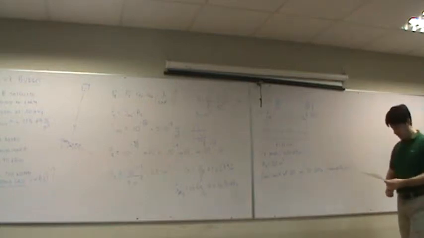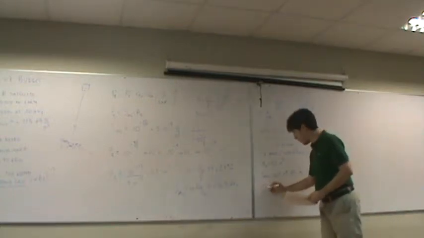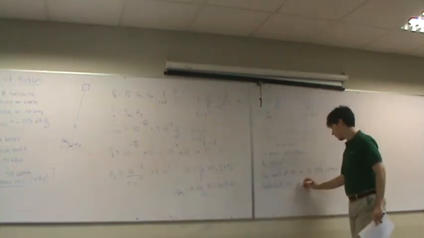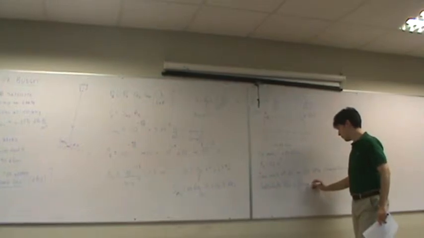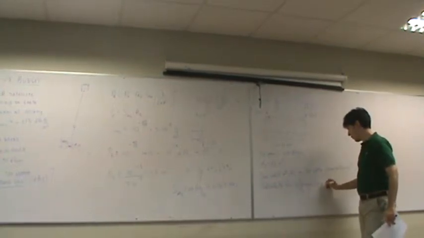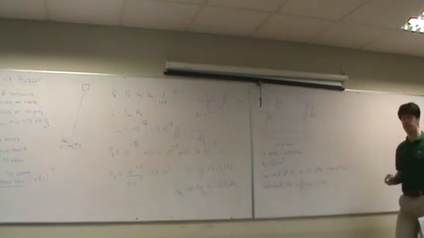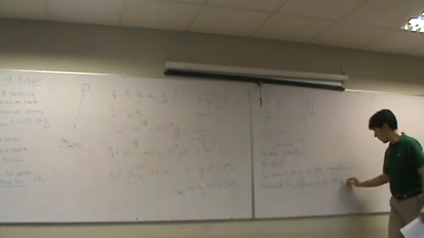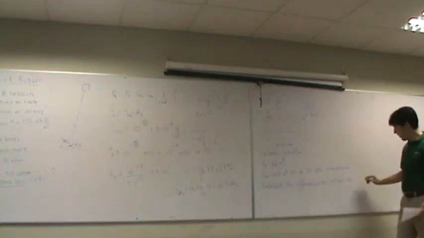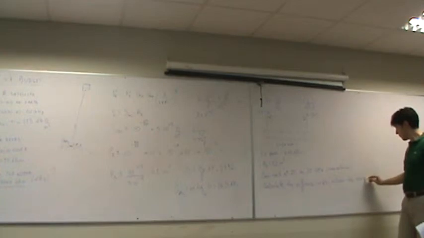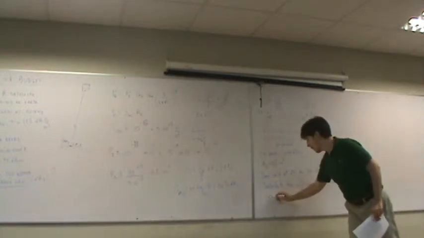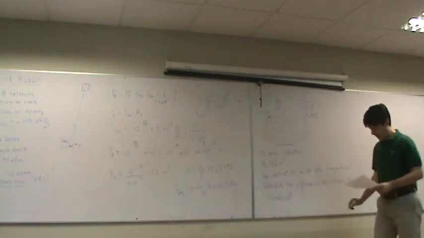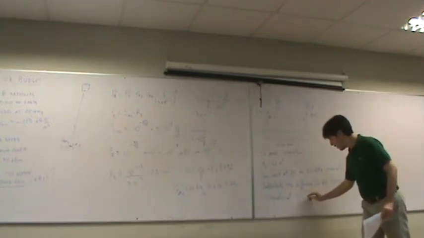The question is, calculate the difference in dB between the received signals at 20 and 30.